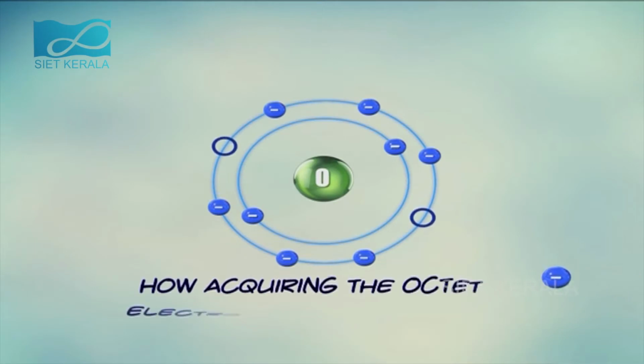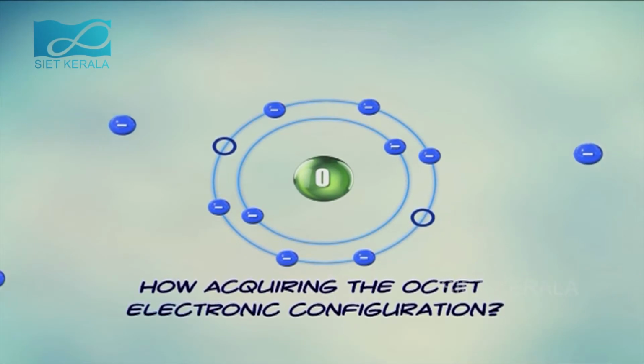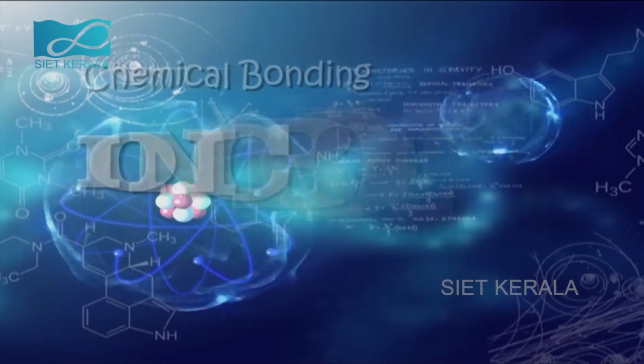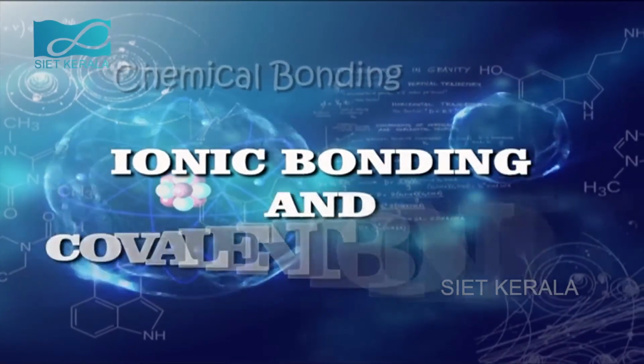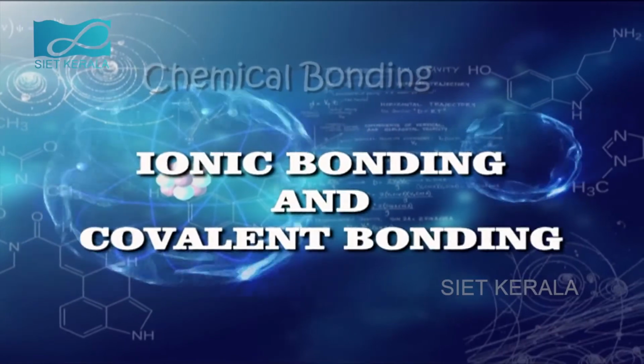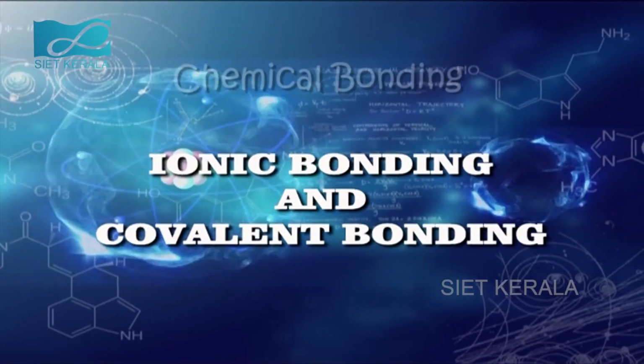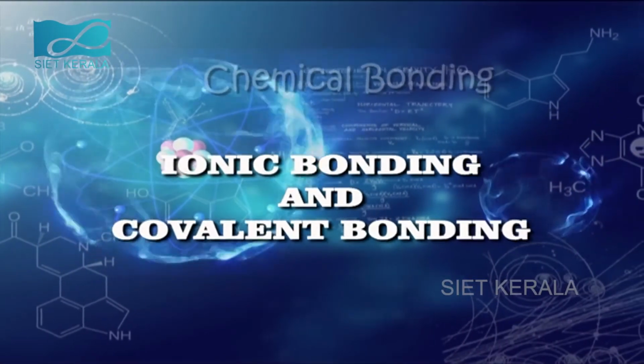How do atoms of each element, which do not have stability, attain stability by acquiring the octet electronic configuration? Let us see some of the methods. One is ionic bonding, and another is covalent bonding.